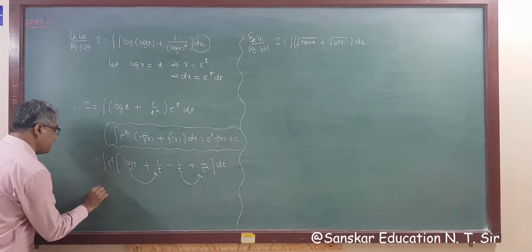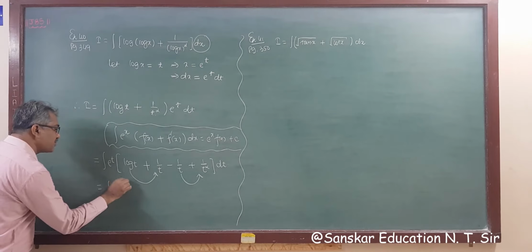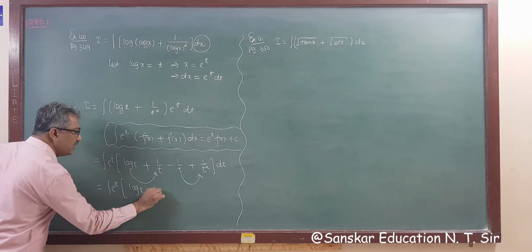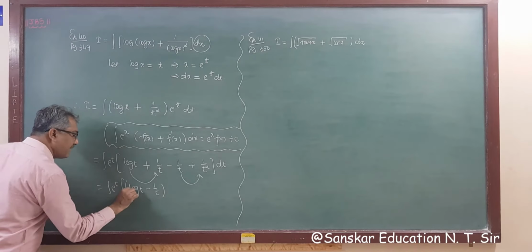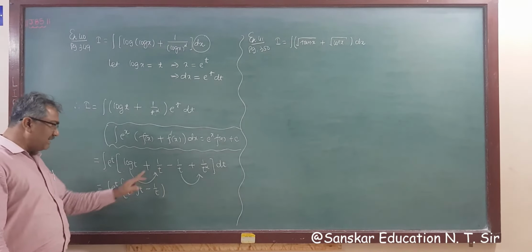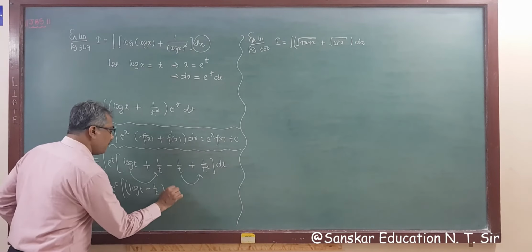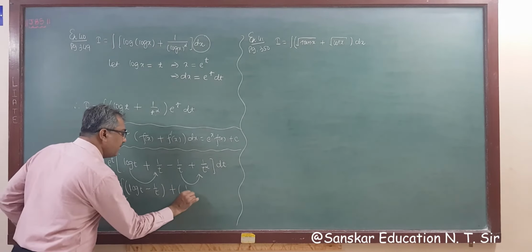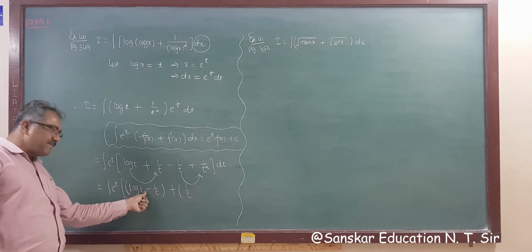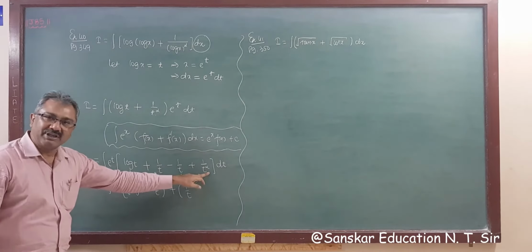So I am writing this as integration e raised to t, log t minus 1 upon t, this as a f x. So derivative of log x is 1 upon x. So log t, 1 upon t. So plus 1 upon t, and derivative of 1 upon t is minus, and this minus becomes plus 1 upon t square.